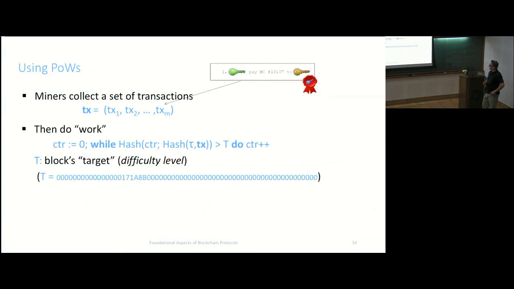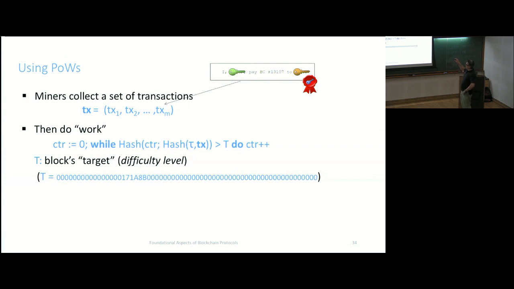Okay, so more about how to use POWs. As we mentioned, we collect all these transactions, called this boldface TX. The miner is trying to insert it into the blockchain by doing this and finding a witness, and keeps going with exhaustive search, brute force.